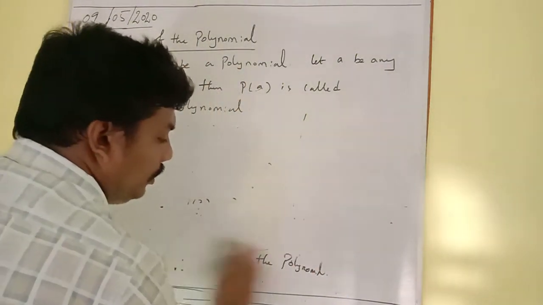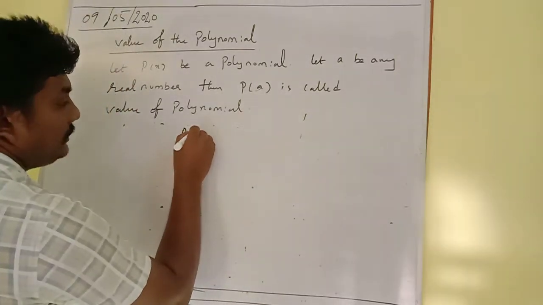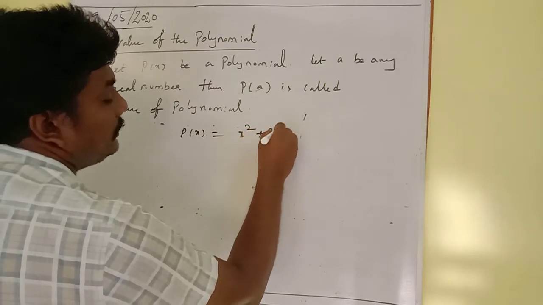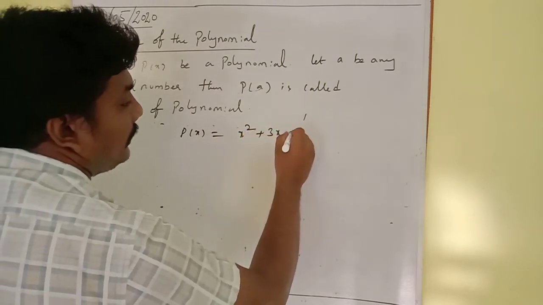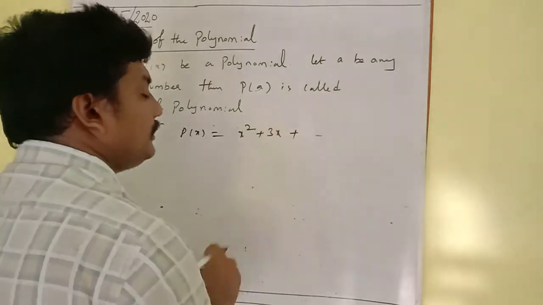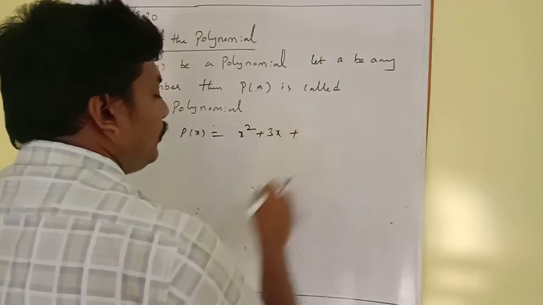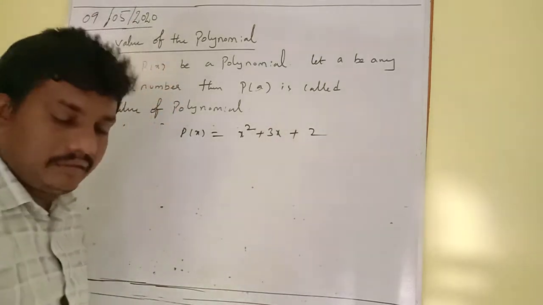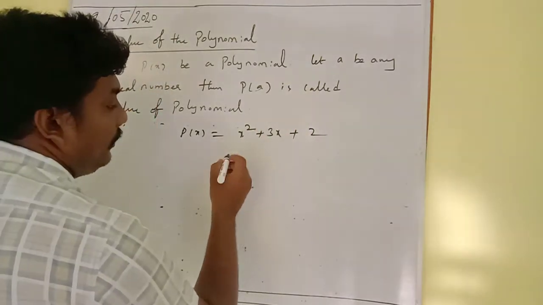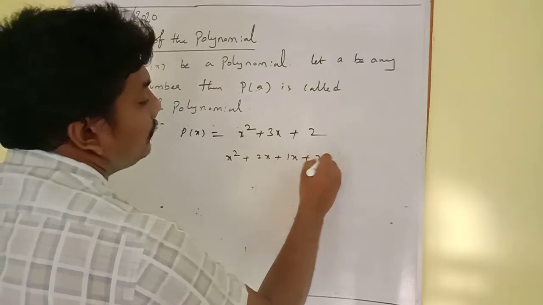Suppose you take a 2-degree polynomial, like P of x is equal to x square plus 3x plus 2. What are the zeros of the polynomial here? Write x square plus 2x plus 1x plus 2.